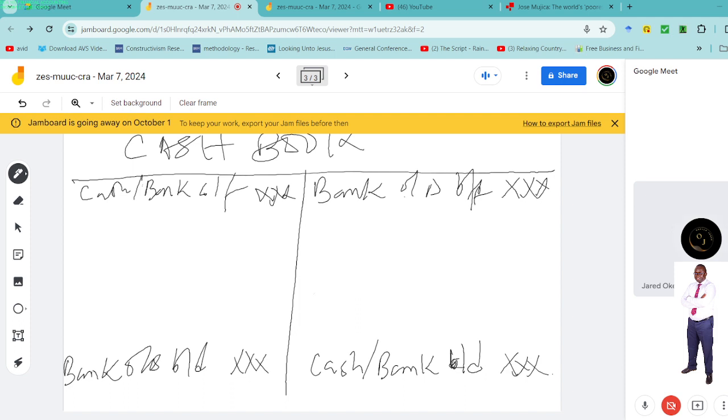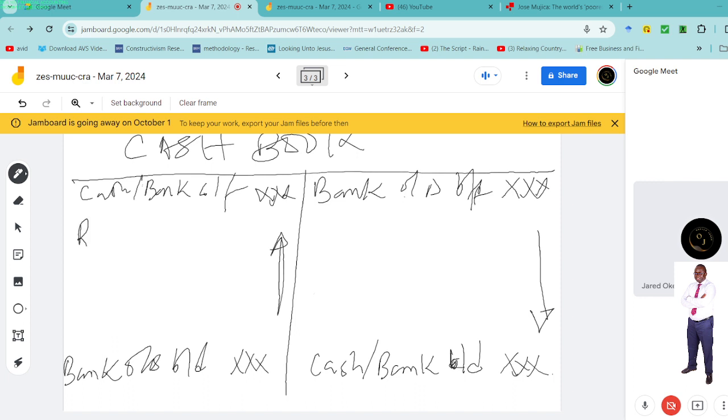So as we had learned previously, anything that increases the cash book is debited, and anything that decreases the cash book is credited. So some of the things that we'll get here as debit entries in this cash book are receipts from debtors.